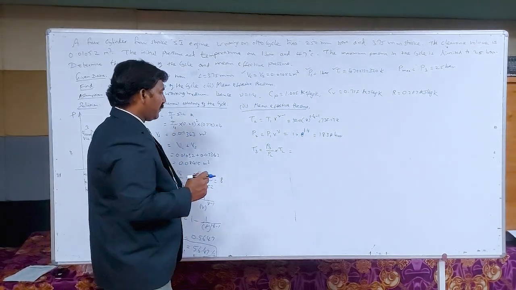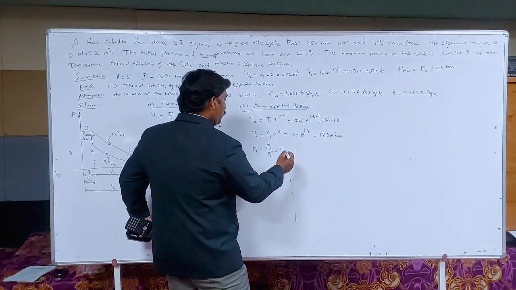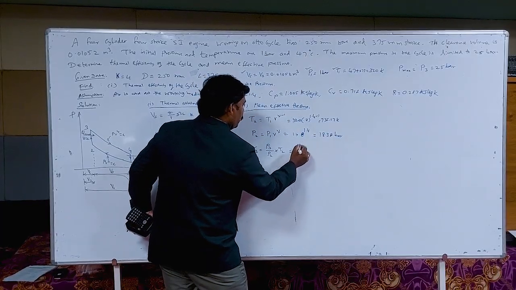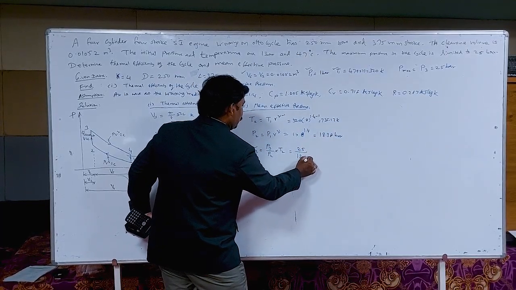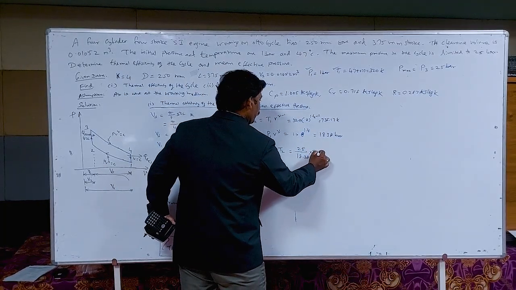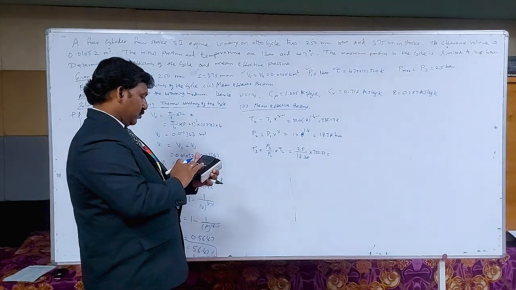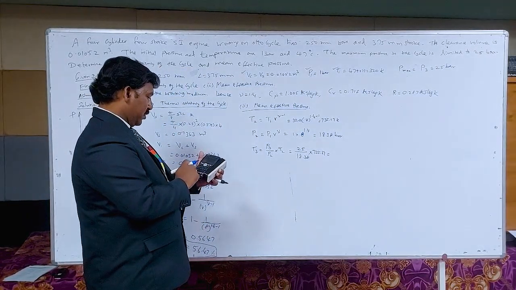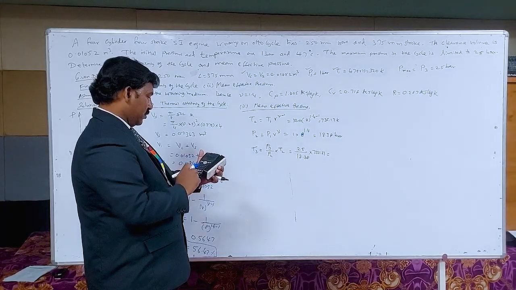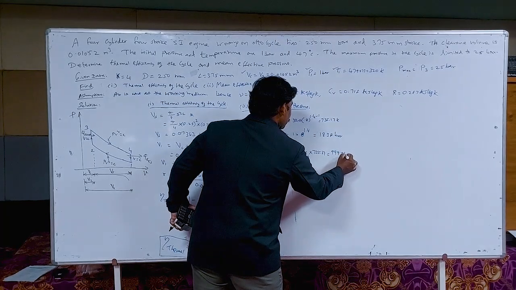P3 we know is 25 bar, P2 is 18.38 bar, and T2 is 735.17. So we get 25 by 18.38 into 735.17, which is 999.96 Kelvin.